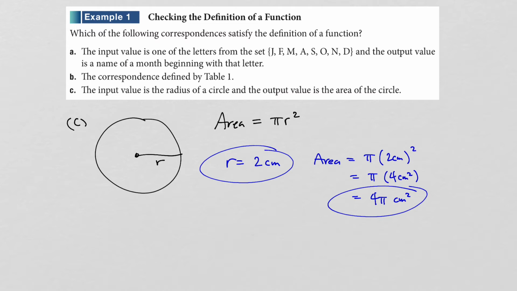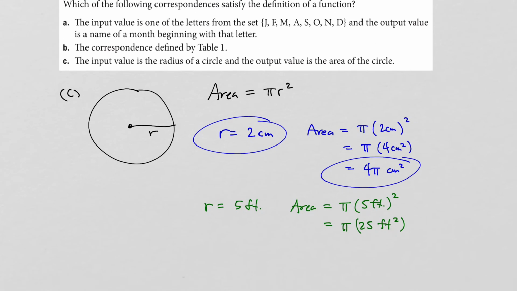There's only one possibility. Let's think of another possibility. What if the radius of the circle was 5 feet? Then what would the area be? Well, according to the formula, it's pi times 5 feet squared. And this would be pi times 25 square feet, which is 25 pi square feet.